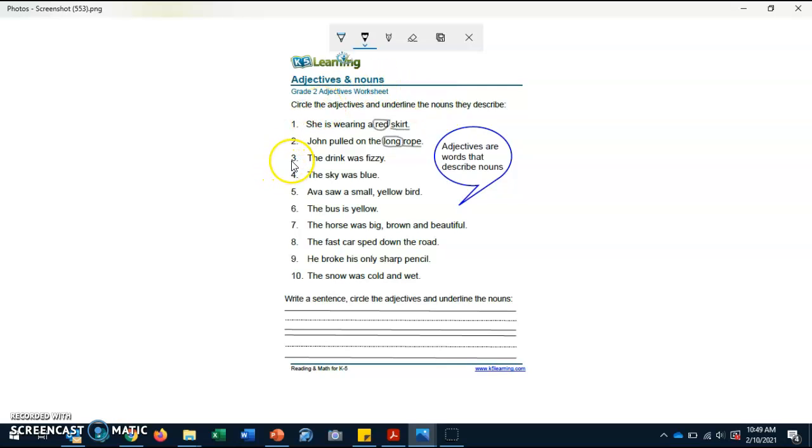Question number 3 says, the drink was fizzy. Number 4, the sky was blue. Number 5, Ava saw a small yellow bird. Number 6, the bus is yellow.